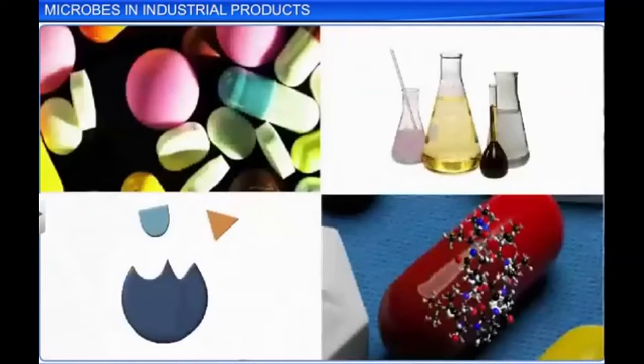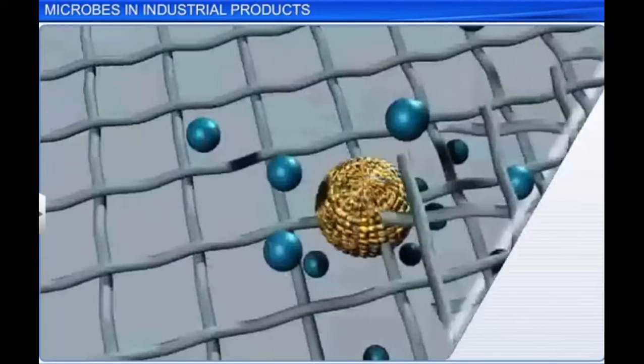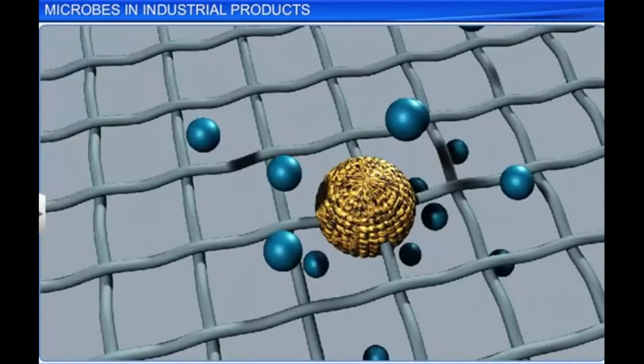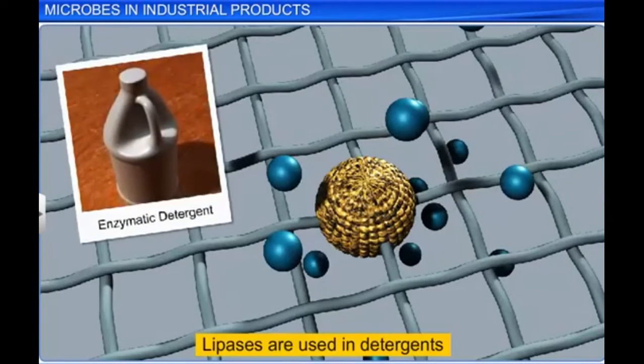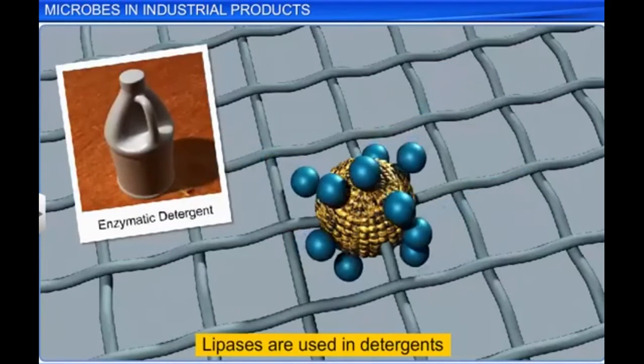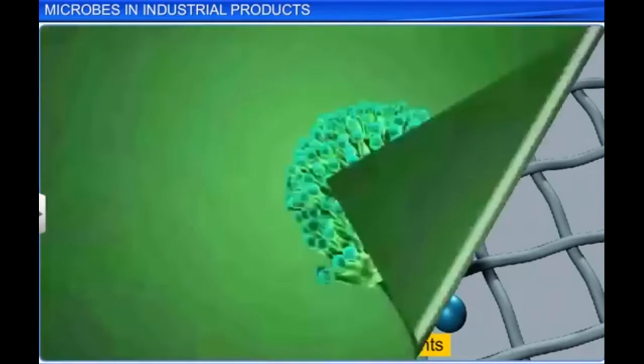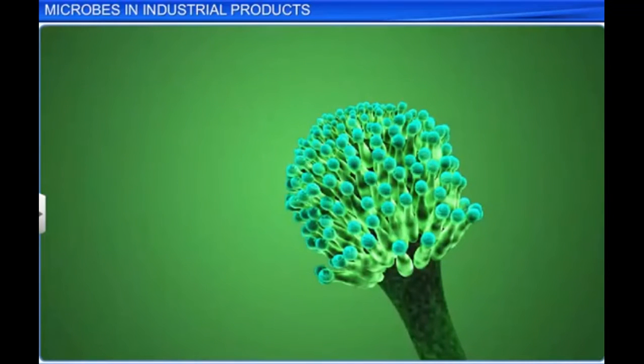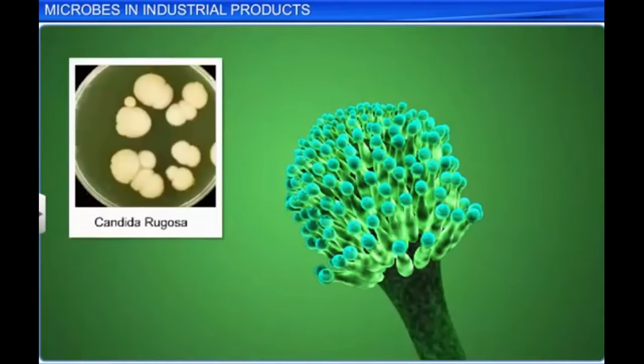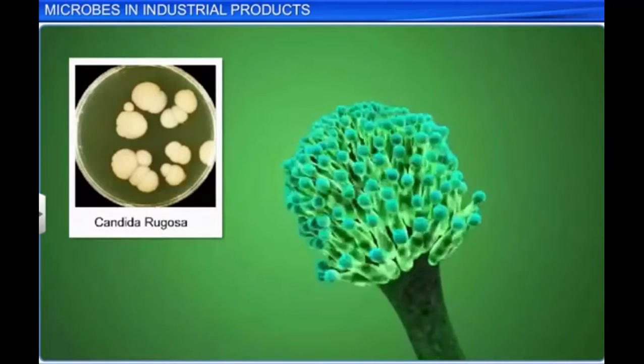Like acids, the production of enzymes by microbes has proved to be very useful for industries. For example, enzymes such as lipases are used in detergents for their ability to remove oily stains. Industrial lipase is produced from fungi such as Candida rugosa and Aspergillus niger.